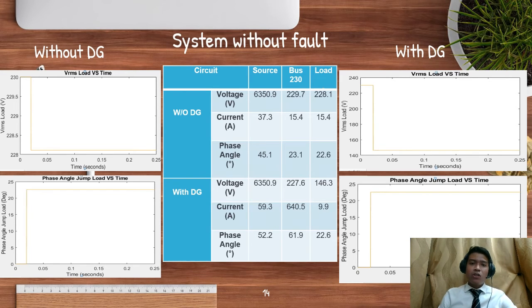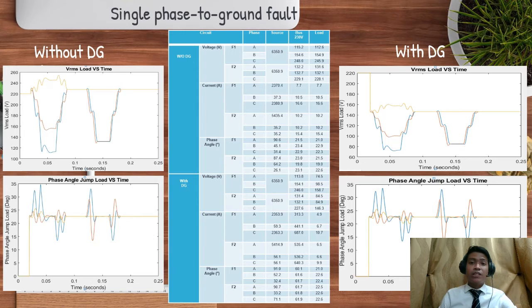Okay, then for the load bus under the single phase fault, the voltage RMS is the same as the 230 volt bus without DG. Next, when the DG is connected to the distribution system, the voltage RMS slightly decreases from 200 to 150 volt. For phase A, the voltage dropped from 112.6 volt to 74.5 volt in the first set.